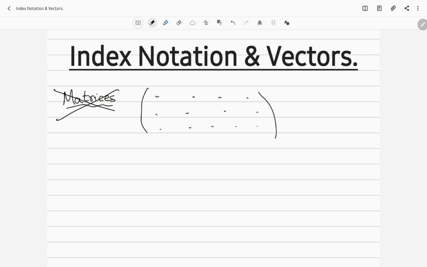Moving on, we also know that matrices do not commute with each other. That means when you're writing down expressions, we have to be careful about a particular order.